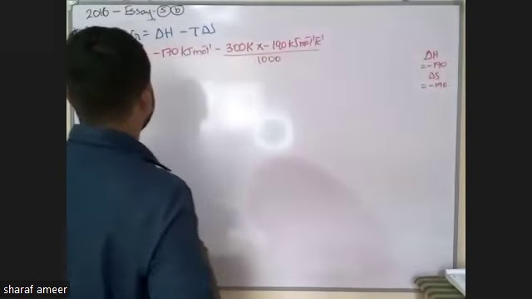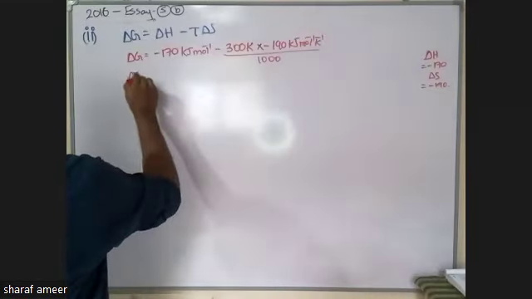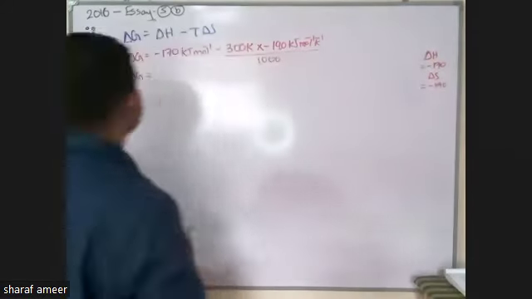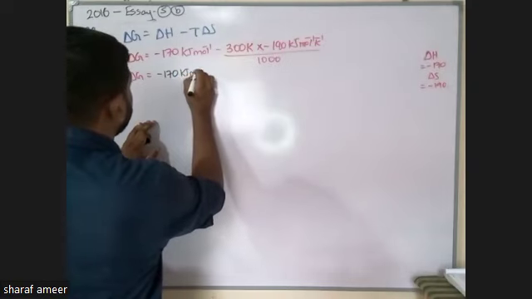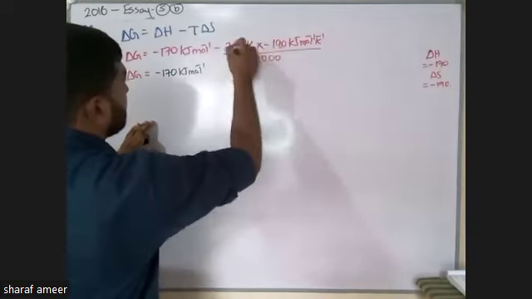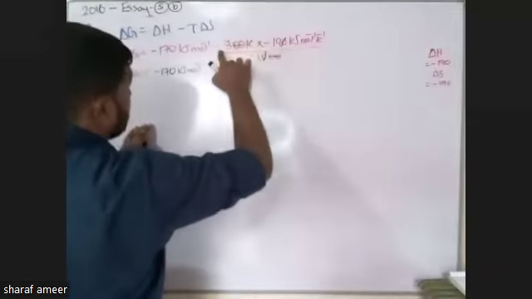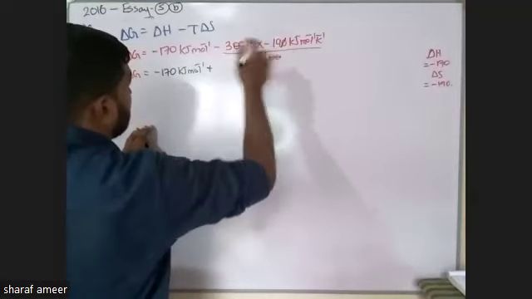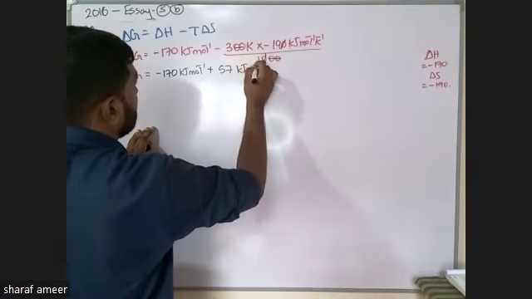Right. So delta G is equal to minus 170 kilojoule mole minus 1. Here these two zeros can be cancelled, and here this zero can be cancelled. So minus into minus is plus, 57 kilojoule mole minus 1.